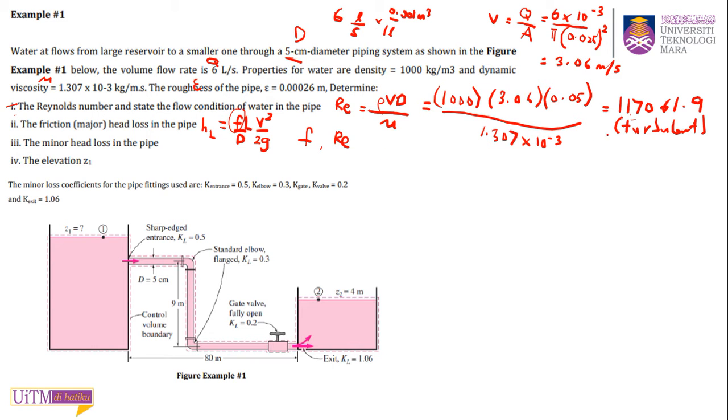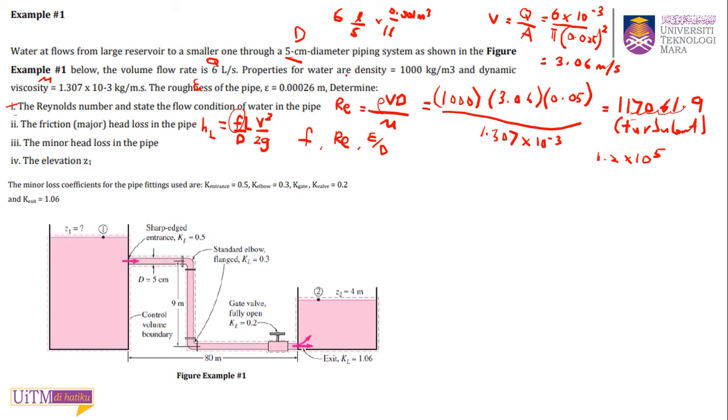You have your Reynolds number already, and you need to find your relative roughness, sigma over D. This Reynolds number is 1.2 times 10 power of 5.